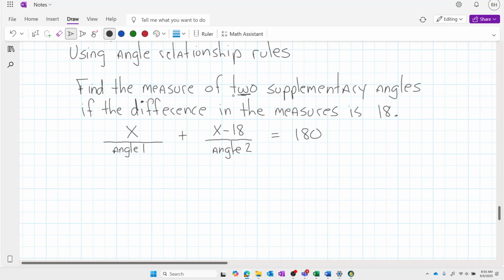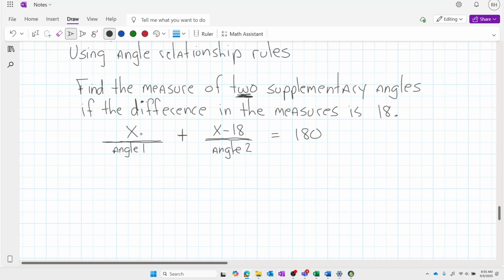So find the measure of two angles. So we draw these two blanks. Find the measure of two supplementary angles. So if they're supplementary, they have to add to 180 if the difference in the measures is 18. So this is our equation. All right, x plus x minus 18 equals 180.